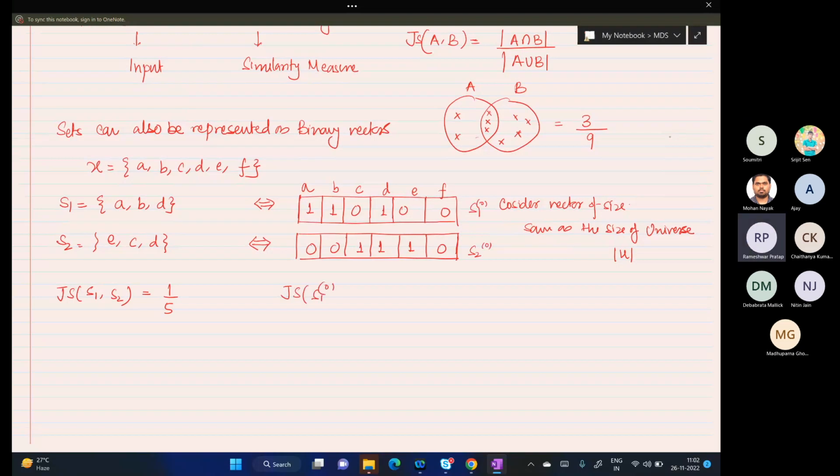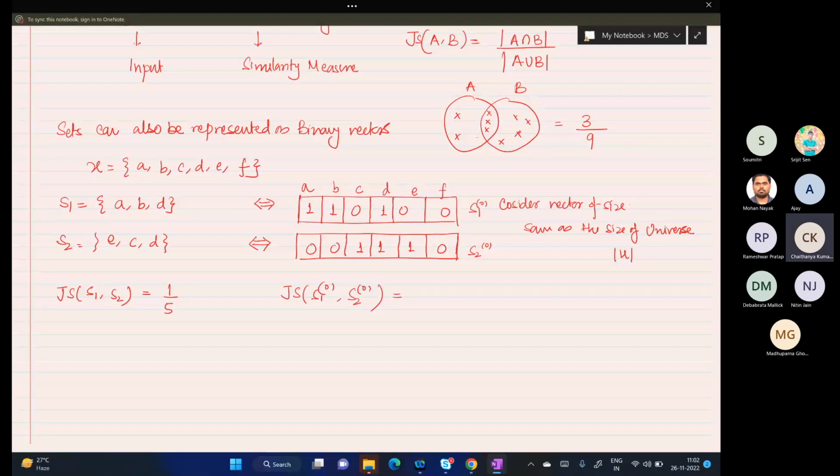So what will the Jaccard similarity be here? The numerator is 1, since only one position has ones matching in both.